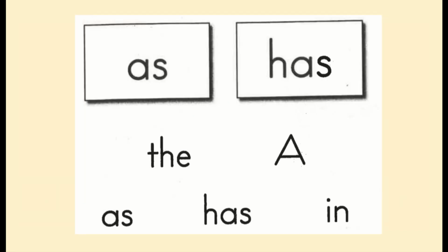Now we're going to practice reading some new words. We have two new words today, the word as and the word has. We're going to read the word, point and spell, and then say the word again. Ready? As, A-S, as. Has, H-A-S, has.